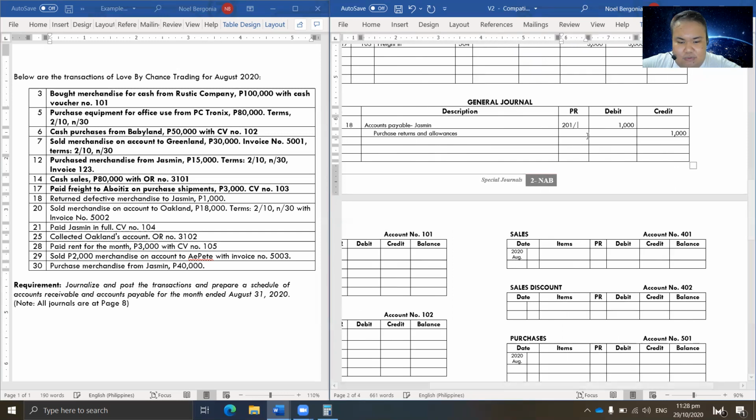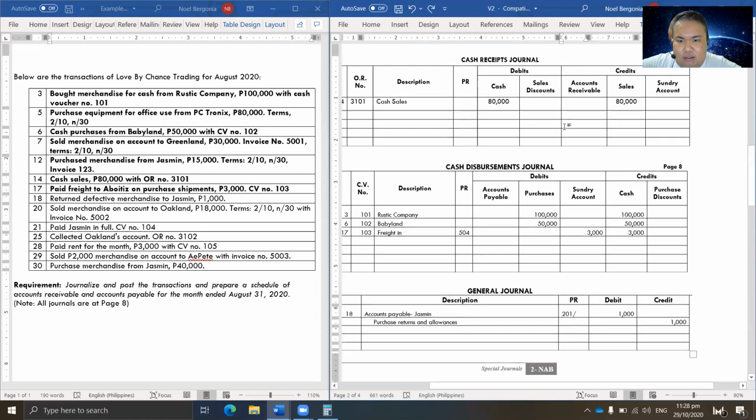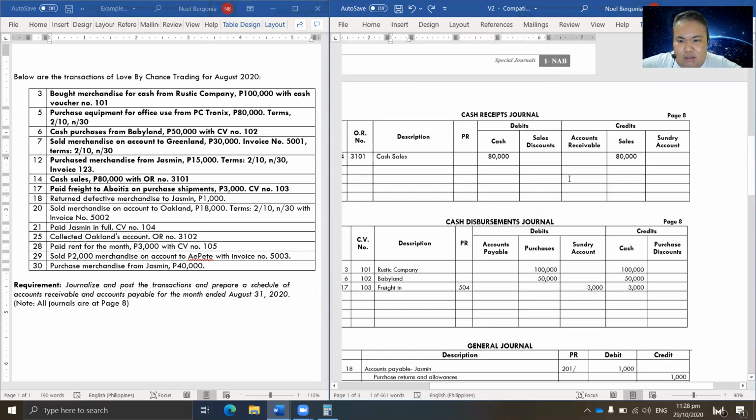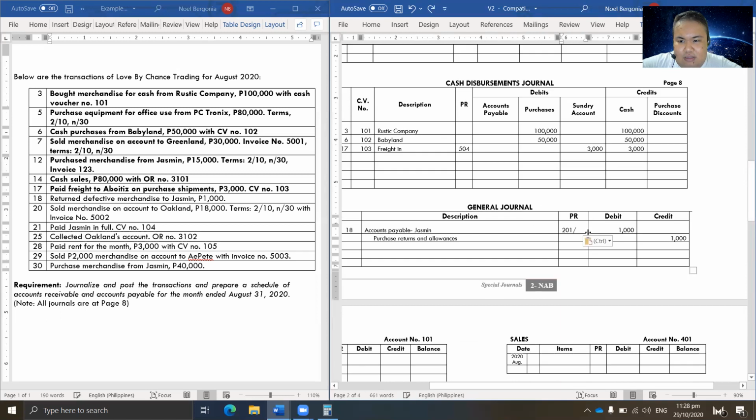So I will just put a check mark here. Okay, asa na nga ba yung check mark kanina? Pa-copy muna. Ayan. Okay. So it means that the accounts payable is posted dito both on the account number 201 sa general ledger and also to our subsidiary ledger na si Jasmine. Okay? Sir, how about the purchase returns and allowances?